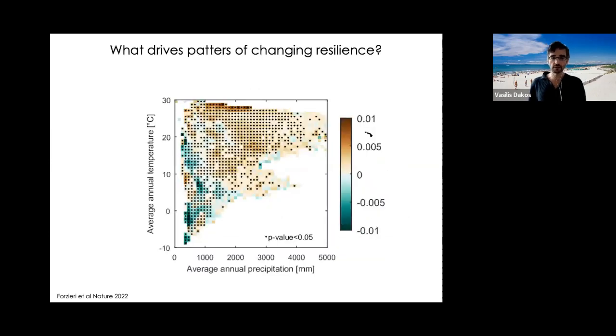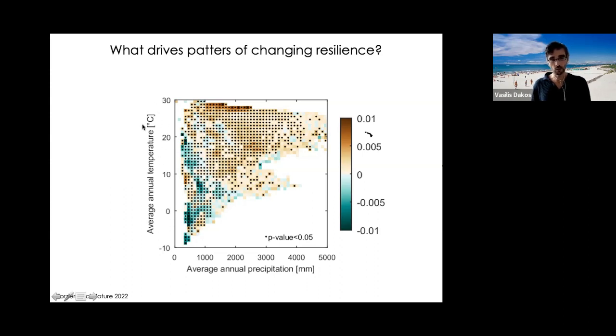But here we could also start understanding more of the system by looking at how things would look if we project these changes on an ecological axis, or sorry, niche space. So, for instance, here on the x-axis we have annual precipitation, so rainfall. Here are more dry and here more wet places, and here we have the annual temperature.